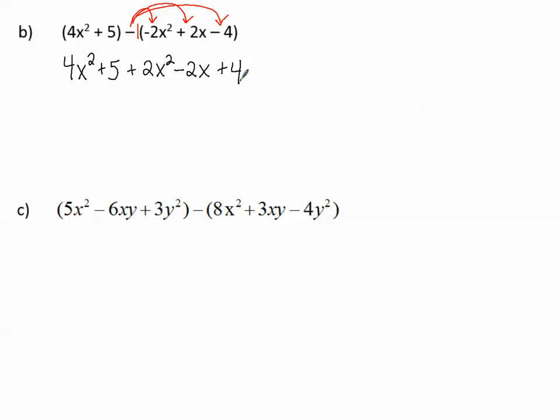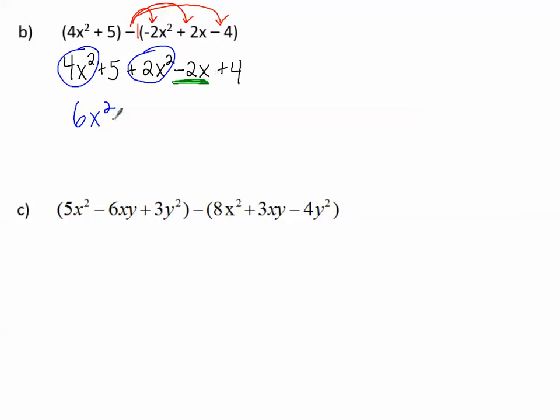Now we can combine like terms. I'm going to do it the way where we leave it like this and look for what's like each other. 4x squared and positive 2x squared make 6x squared. Instead of doing the constant term next, I'm going to look for the x to the first.